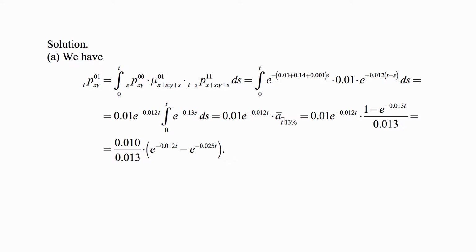But that integral is equal to a-bar-angle t at 13%, which is 1 minus e to the minus 0.013 t over 0.013. And then we just calculate these terms, multiply them out, and get what we want: 0.01 over 0.013, multiplied by e to the minus 0.012 t minus e to the minus 0.025 t.